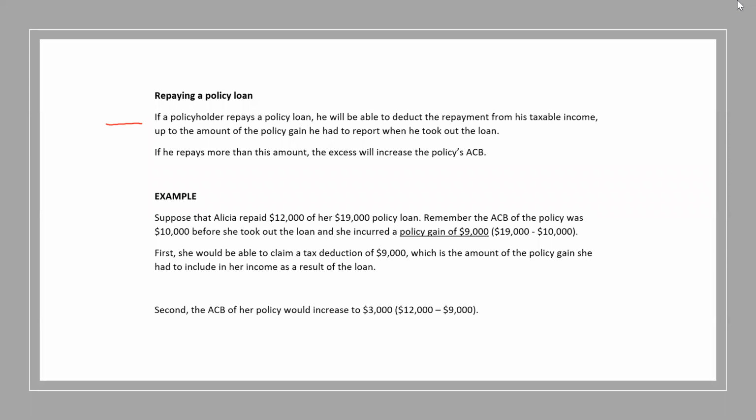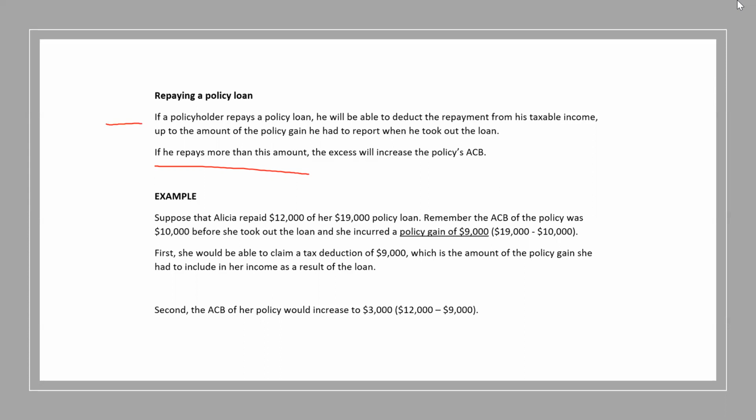So if a policyholder repays the policy loan, he'll be able to deduct the repayment from his taxable income up to the amount of the policy gain he had to report when she took out the loan. So in the previous example, Alicia had to report a policy gain of $9,000. If he repays more than this amount, then the excess will increase the policy's ACB.